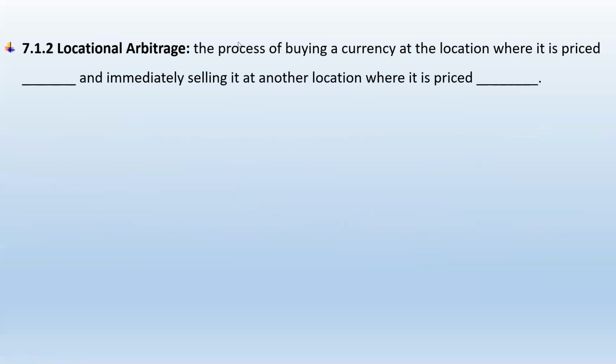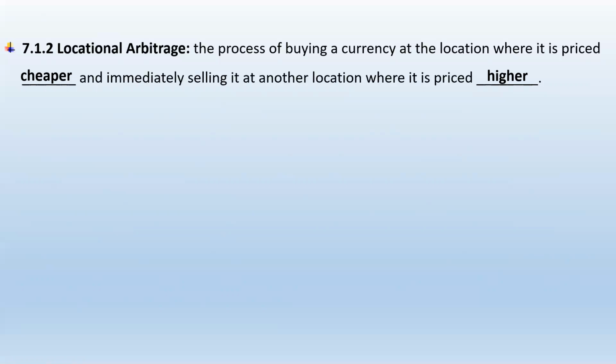So locational arbitrage is the process of buying a currency at a location where the price is cheaper and immediately selling it at another location where the price is higher. Without this time lag, you can make a profit without exposing yourself to exchange rate fluctuation risk.